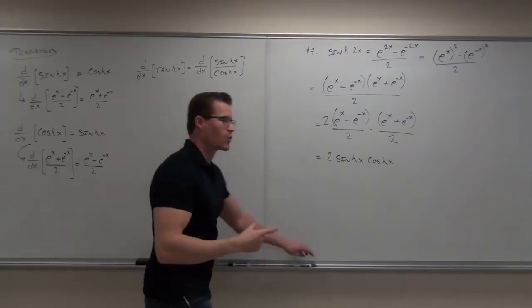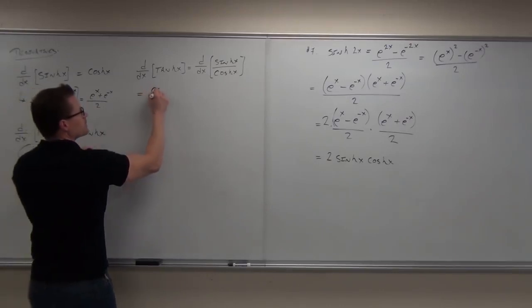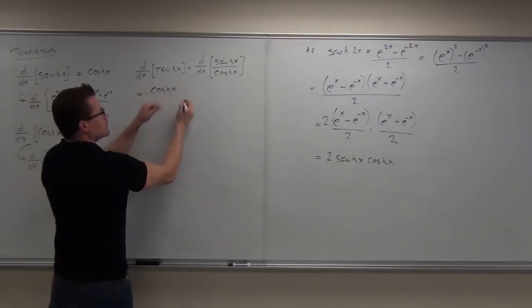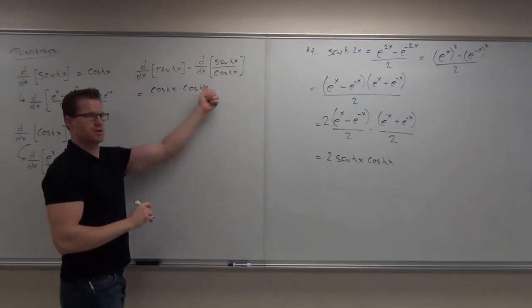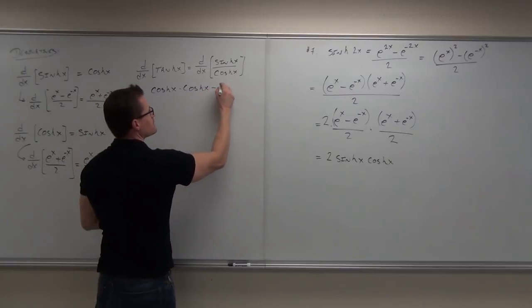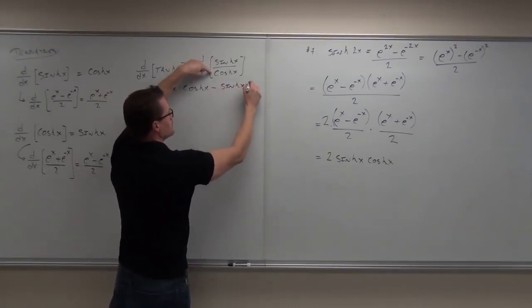Now I'm going to do the quotient rule really quickly. Quotient rule says low d high, which is cosh. Does that make sense? Low d high minus high d low.